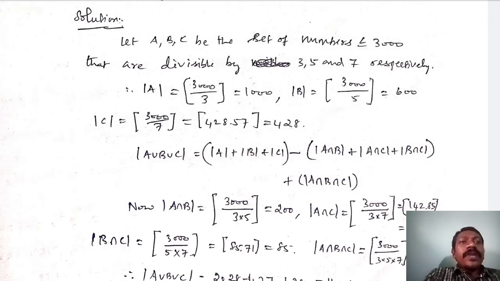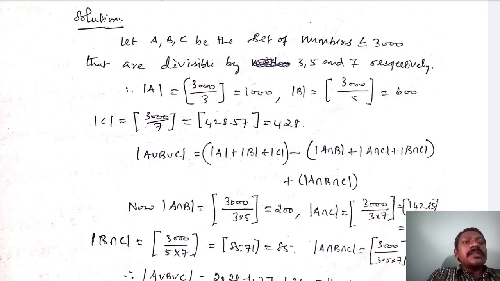Now we have to find the cardinality of A, cardinality of B, cardinality of C. So you will get cardinality of A is 1000, cardinality of B as 600, cardinality of C as 428. Now we have to find cardinality of A union B union C. This is what we have to find. The answer will be the required one.